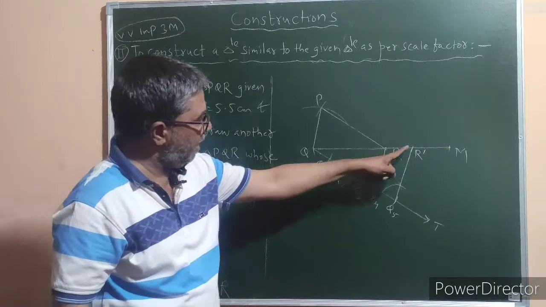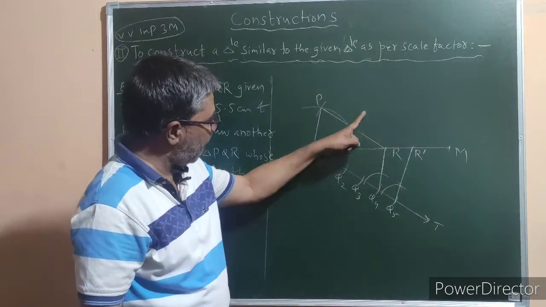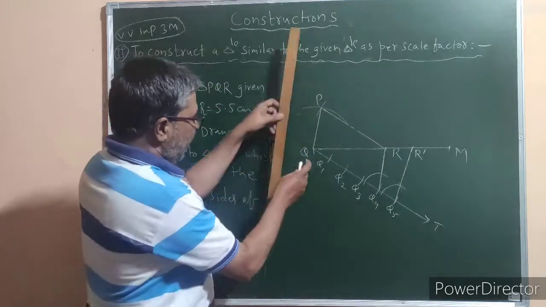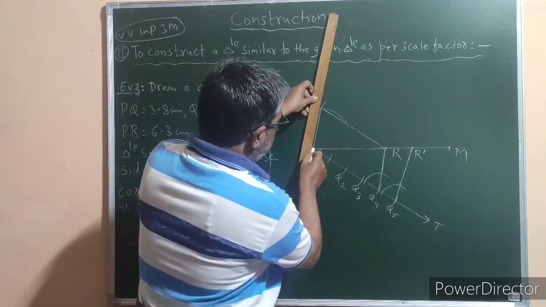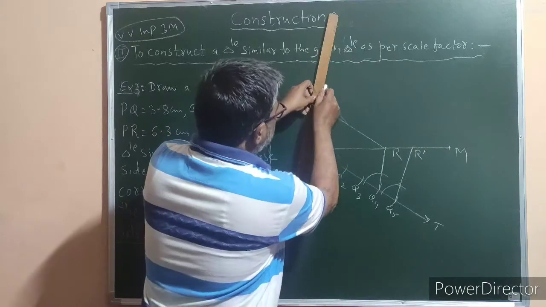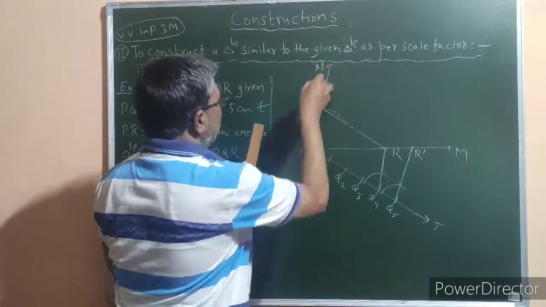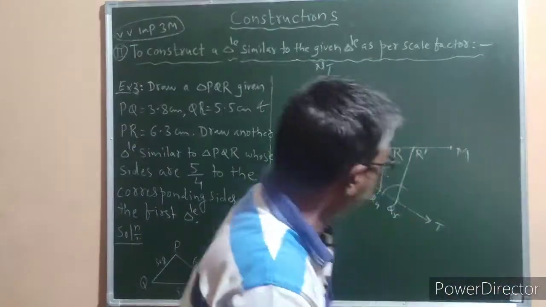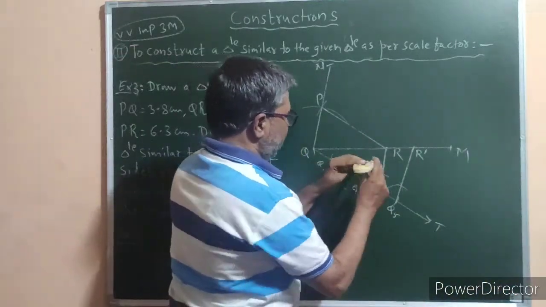Now from R dash you have to draw one line parallel to RP on QP. So for that again we have to extend QP up to say N. Extend QP up to N. So follow the procedure of constructing parallel line.